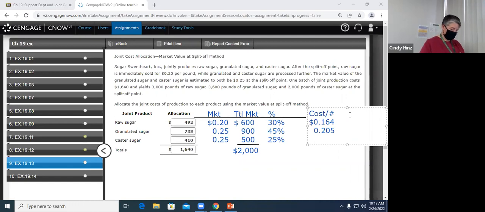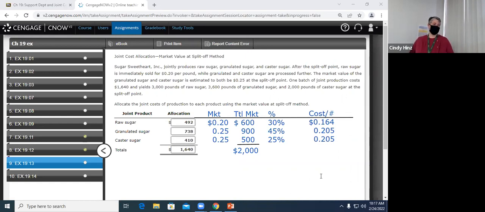And the castor sugar, $410 in joint costs allocated for the 2,000 pounds. As we would have expected, the cost per pound for the castor sugar is the same as the granulated sugar. Why? Because we said right here that the market value per pound was the same. So it gets allocated the same relative cost, the same cost per pound.